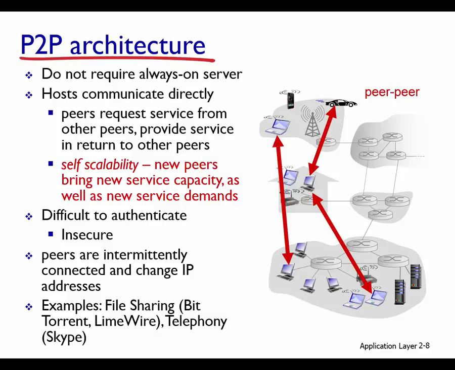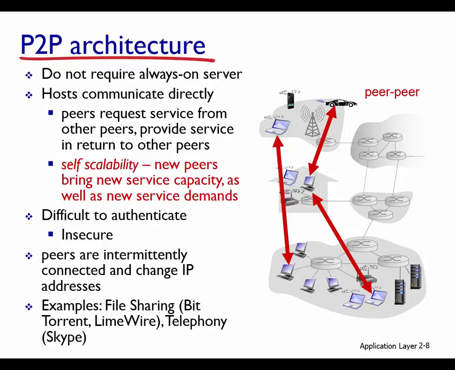So basically, the way this works, peers are not just pulling data from the network, but when they pull data, they're saving a copy on their machine that allows that data to be pushed to other clients. So they're doing both the role of the client and the server.